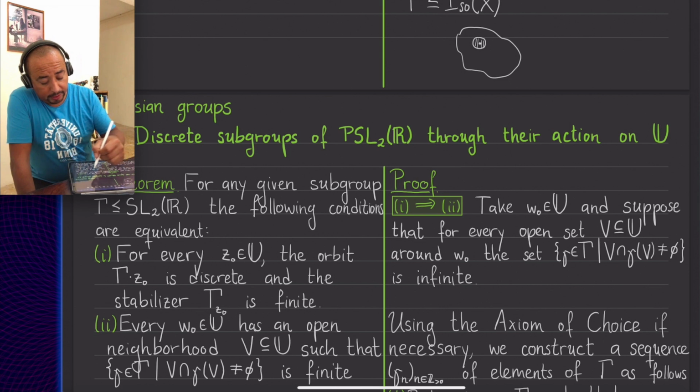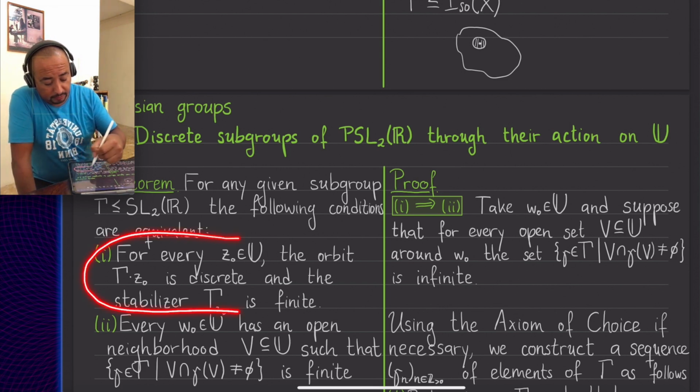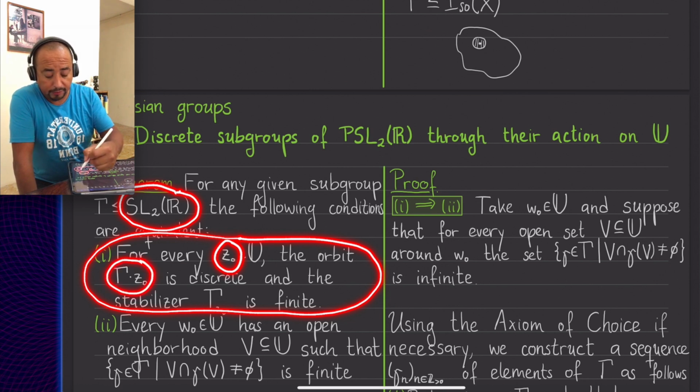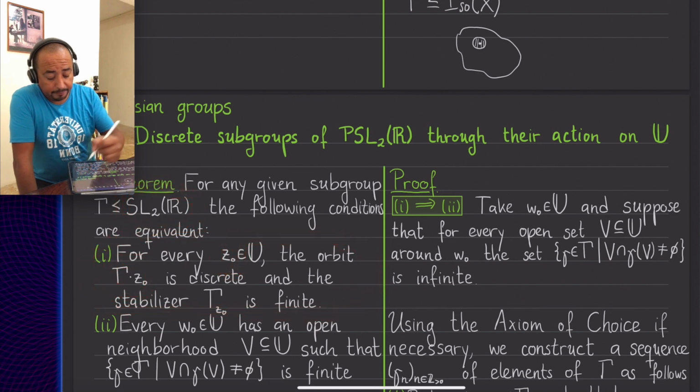First, that for every point of the upper half plane, where SL2R acts by Mobius transformations, the orbit of the action is discrete, so it doesn't accumulate on itself, and for every point, the stabilizer is finite.